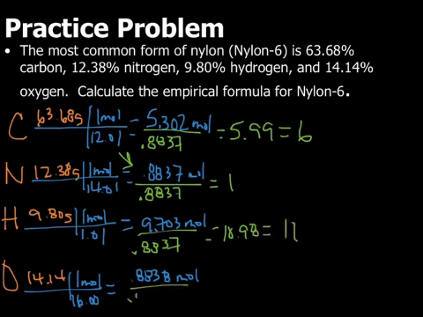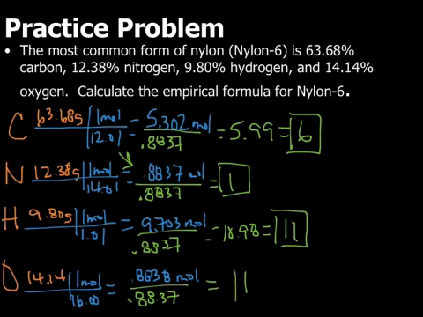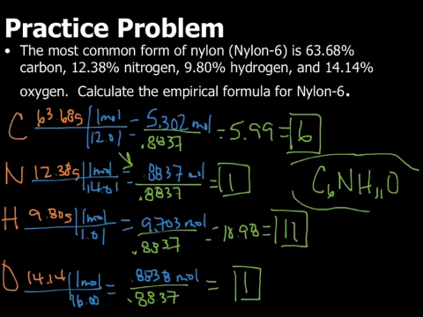And my last one, 0.8837. This is going to give me 1. So these nice whole numbers don't need to multiply by anything. So these then end up being my coefficients. So my final formula is C6N1, which I don't need to write, H11O. So that's my empirical formula.